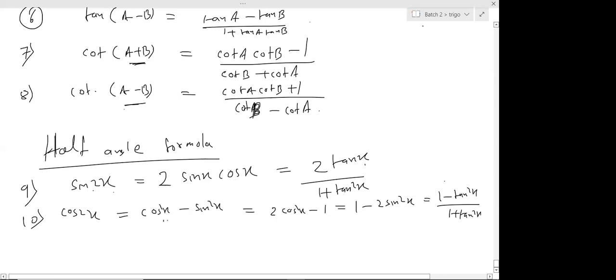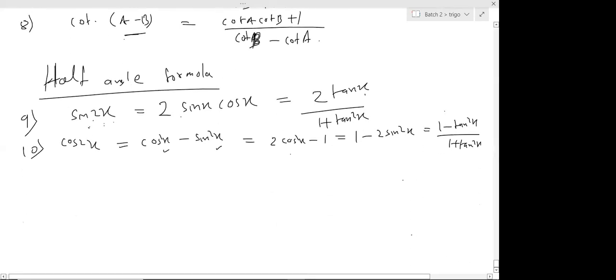You can see all the angles are halved here. So if you have sine 2x, then you can write 2 sine x cos x. If you have sine x, you can write that also 2 sine x by 2 cos x by 2. If you have sine 4x, you can write 2 sine 2x cos 2x. You just half the angle, whatever angle that is. All right, and you can use the formulas.